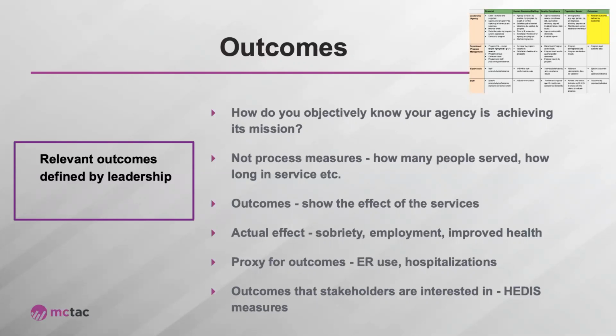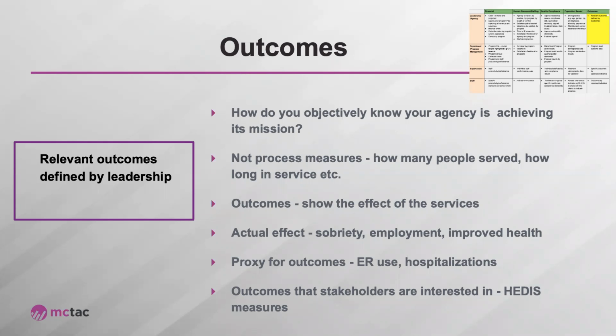So lastly, outcomes. The outcomes that we need to be keeping data on really should be about how do we objectively know your agency is achieving its mission. So how do we show to our board, to ourselves, to outside stakeholders that the work that we do has an impact, specifically in terms of the outcomes of the services.